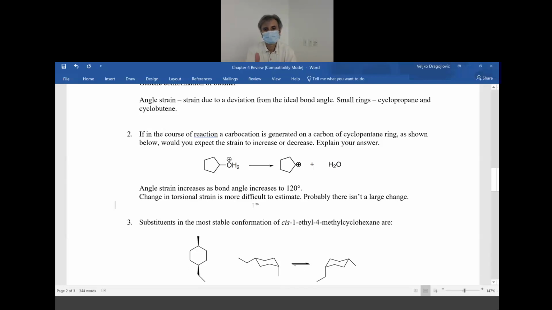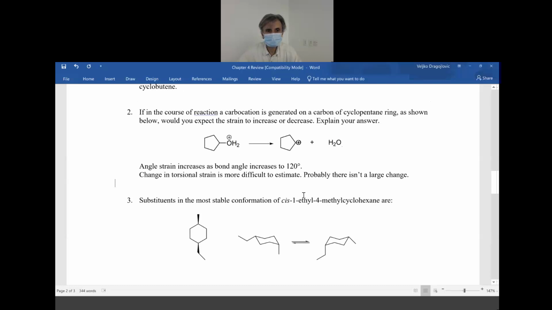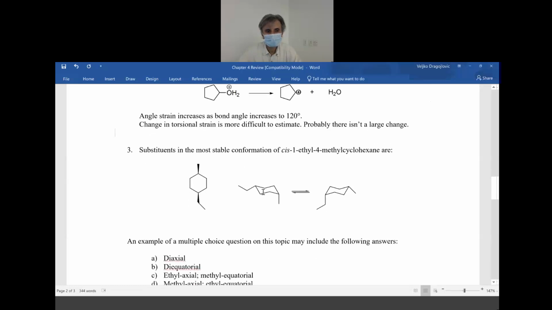So that's how we would analyze a situation like this. And now the next exercises deal with conformations of cyclohexane, of substituted cyclohexanes.